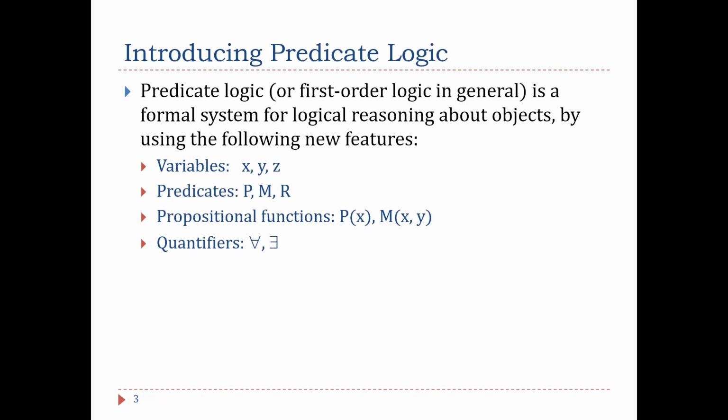For example, Rachel reads a book. We may use the verb as a predicate, to say there is a relation called read between the subject, Rachel, and another object, the book.